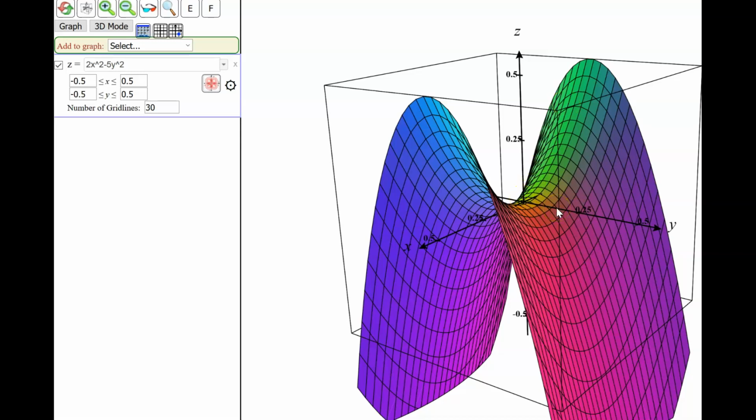This graph is an example of what we call a saddle, and the origin in this case is what we call a saddle point, because there are some directions in which the function increases and other directions in which it decreases. So it's a critical point, yes, but it's not a relative minimum or a relative maximum. This is an example of a graph which we've seen before. We call it a saddle because it looks like a horse's saddle, if you've ridden a horse.